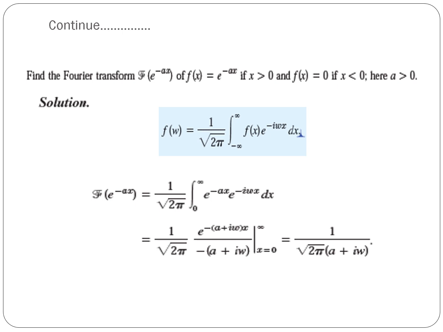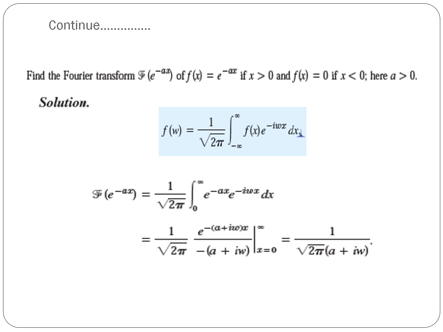Therefore, this Fourier transform becomes F of omega, that's equal to script F of e raised to minus ax, that's equal to 1 by root of 2 pi integral 0 to infinity e raised to minus ax into e raised to minus i omega x dx. We know that e raised to x into e raised to y equal to e raised to x plus y.